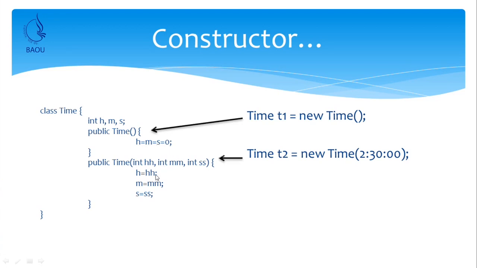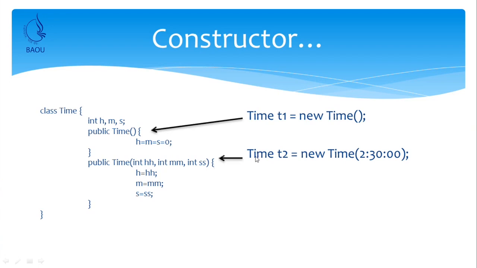Now, we write down another constructor to initialize all 3 variables to different values specified by the user. So, here Time is the class name. It represents the constructor, it is public and it takes 3 arguments h, mm and ss of type integer, which match our instance variable types, and it initializes h to the first argument, m to the second argument and s to the third argument.